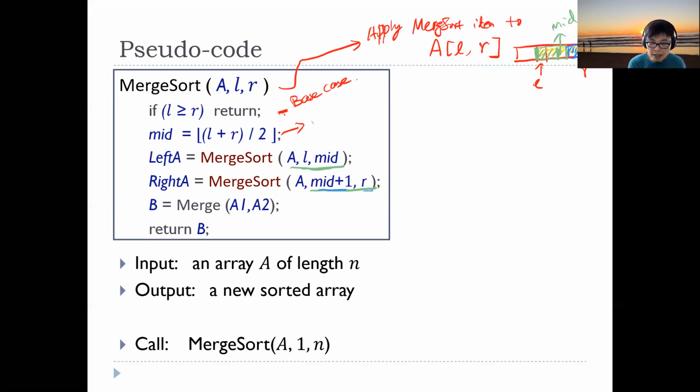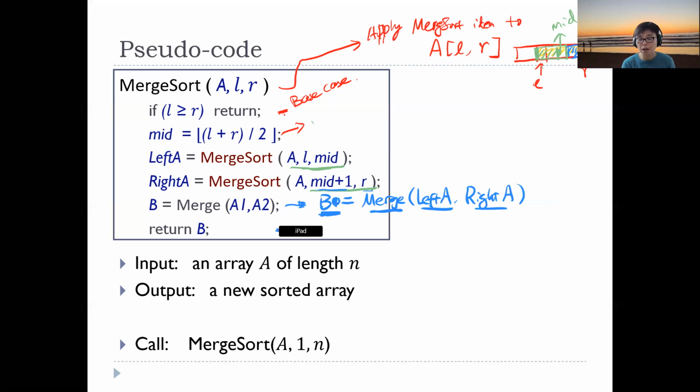And after that, you use another procedure. After that, the left portion and the right portion are already sorted. Then you merge them into a single sorted array B. And then you return B. So this is the conquer step.